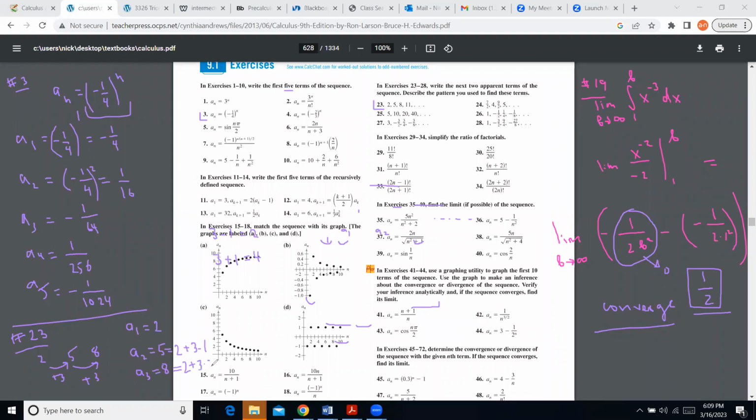So what about the nth term? It looks like I start with a 2 and add 3 one less time, so it's n minus 1.